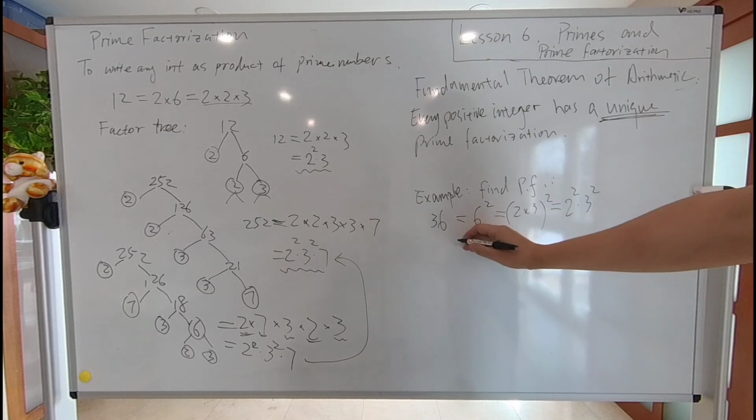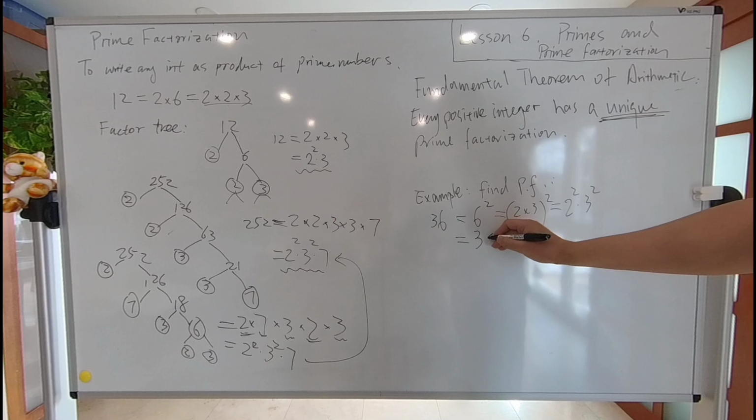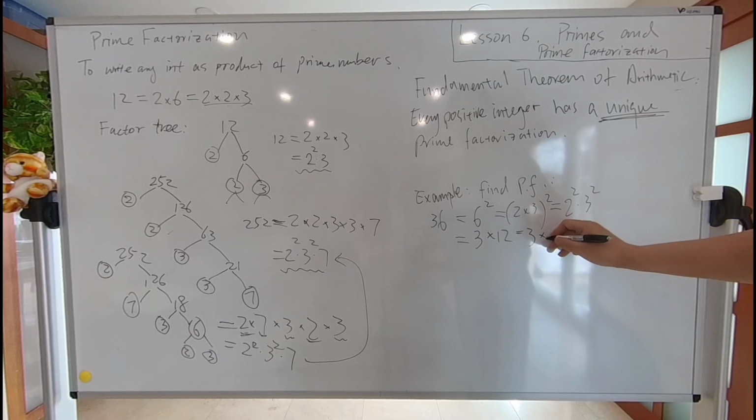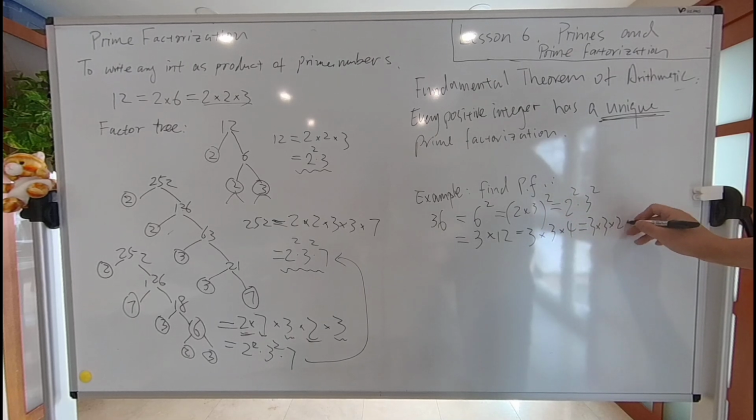If you want to factor out 3 first, because this number obviously has a factor of 3, then 12 is 3 by 4, and 4 is 2 by 2. Eventually, it's still 2 squared and 3 squared.